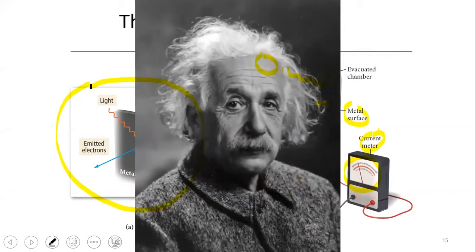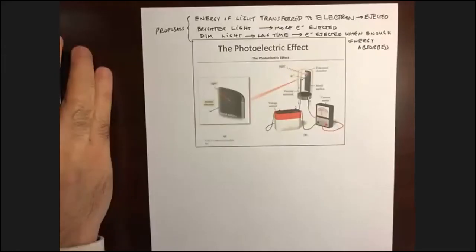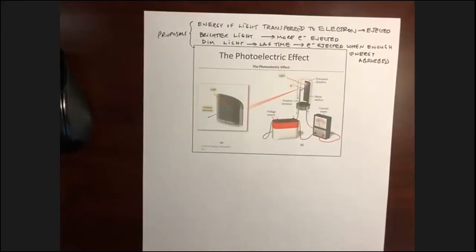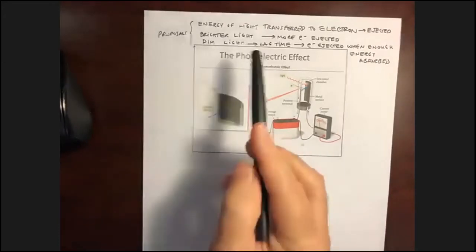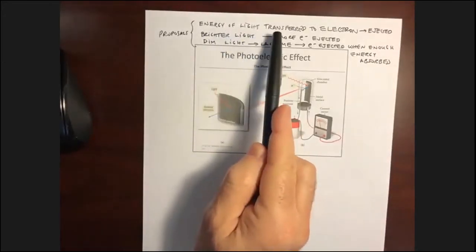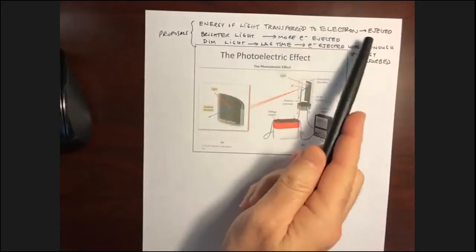All right, so let's go here to our makeshift whiteboard, and let's look at this slide again. Notice what we're saying is that, according to the proposal, the energy of light is transferred to the electrons and they become ejected right here.